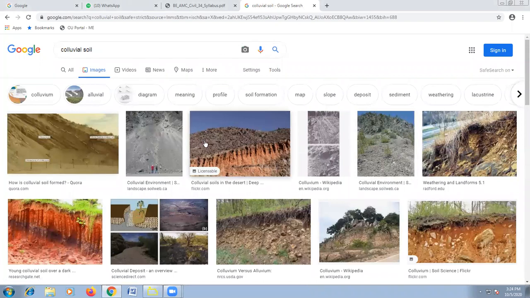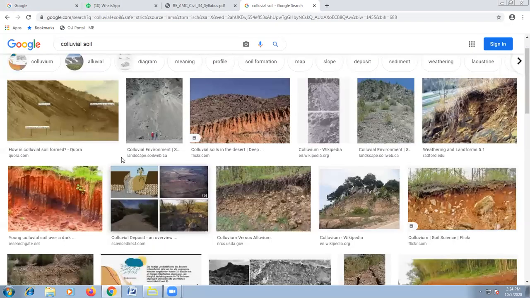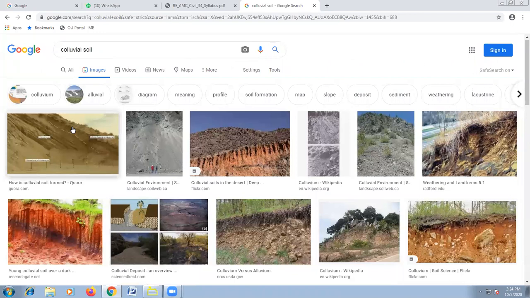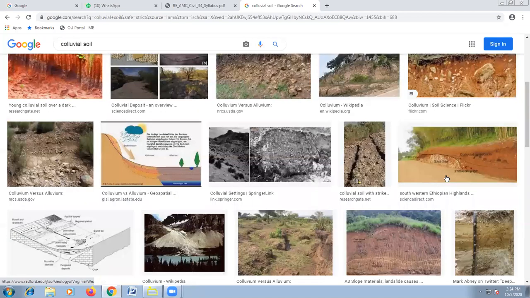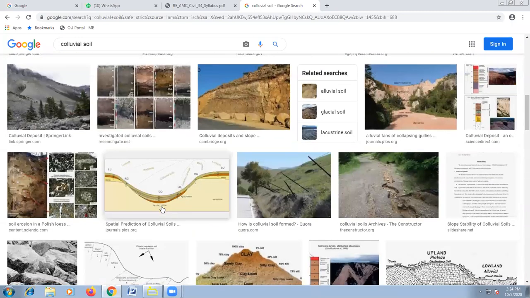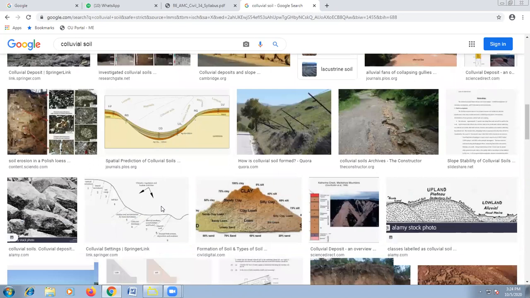Wherever you find these colluvial soils, there is a hill, because a steep slope exists in hilly regions. So you can see the colluvial soils over here. They are generally found at the base of the hill slope.